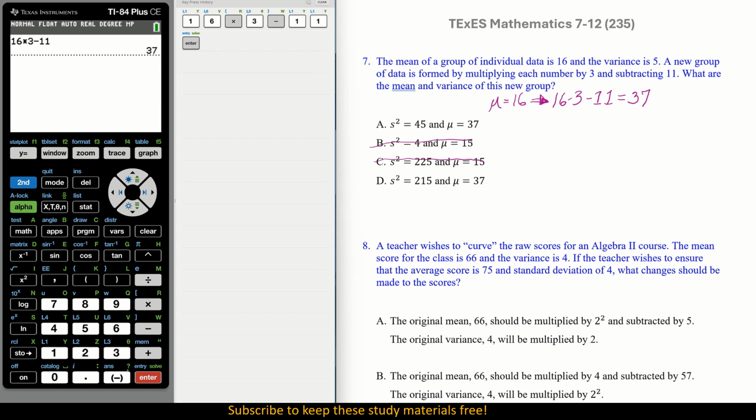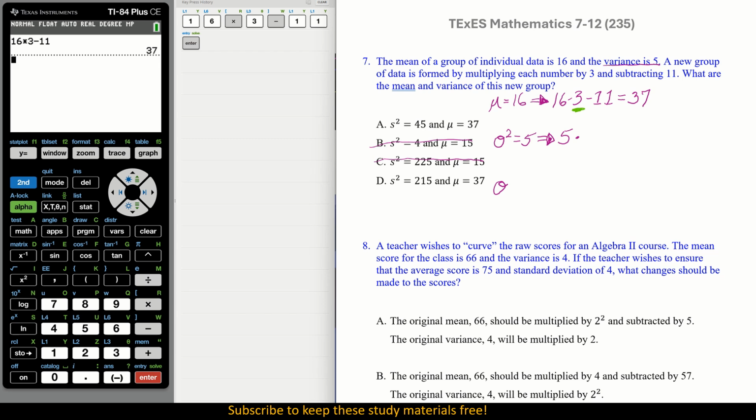Okay, now we need to show how we get our new variance. Well, we're going to look at the variance, the given variance, excuse me, and then we'll talk about the standard deviation. So this equals 5. And this implies for our new value that we take 5 times, now this is what I need you to see, the 3.